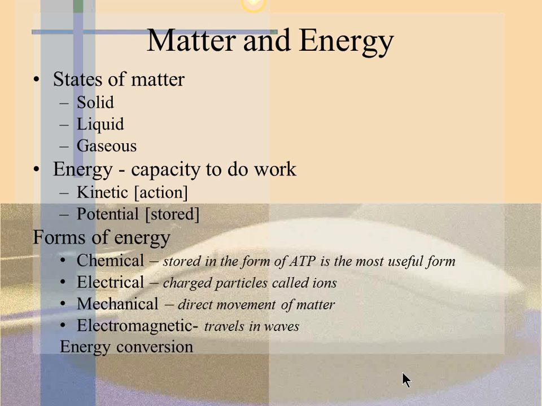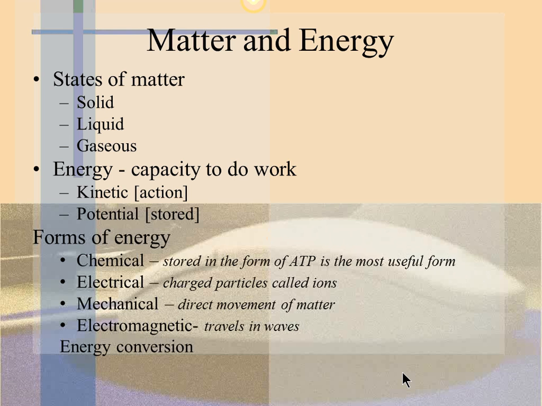Now, energy is of two types. One is called kinetic energy, which is action energy, when something is being done. The other one is potential energy, which is stored energy. That is, you have the capacity to do that kind of work, but at that point in time, you are not.